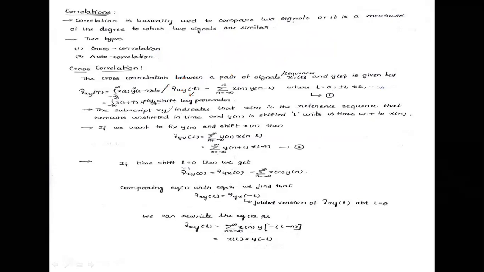Cross correlation definition: integral from minus infinity to infinity of x of t, y of t minus tau dt. Take any one as the conjugate, or if it is a real value, the sum over n from minus infinity to infinity of x of n, y of n minus tau. Here it is taken as discrete: the integral is for continuous and the sum is for discrete.